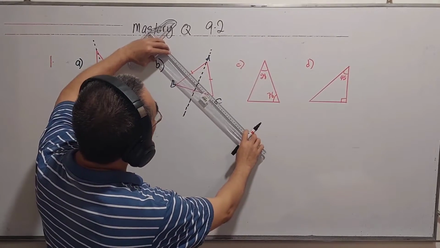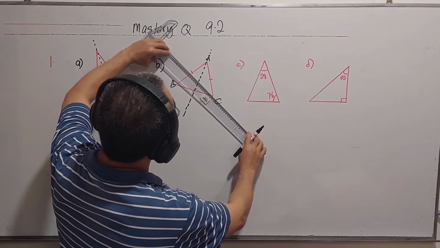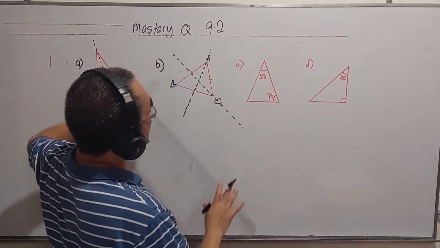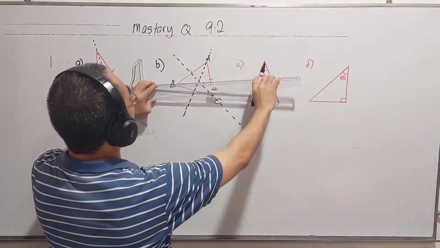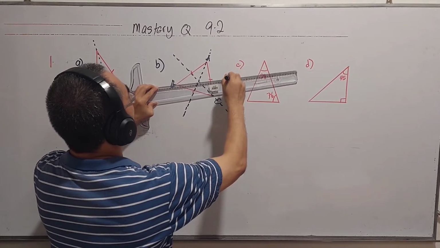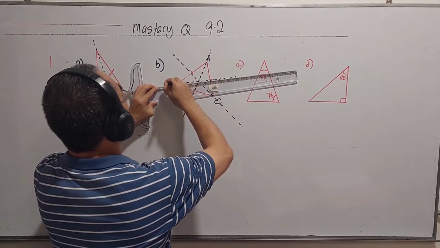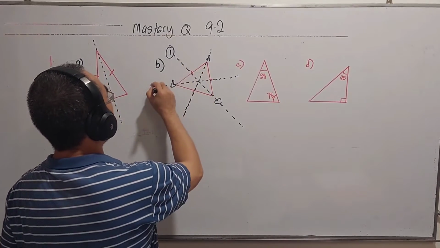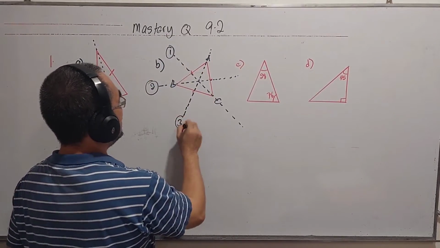From C to the middle of AB. And from B to the middle of AC. Okay, we have one here, two here, and three here.